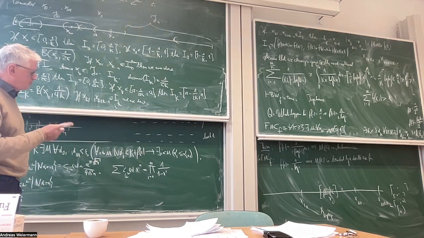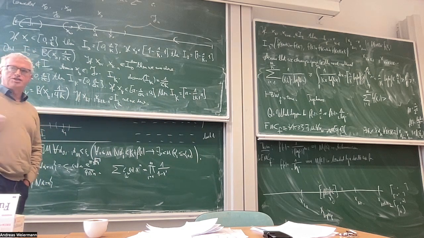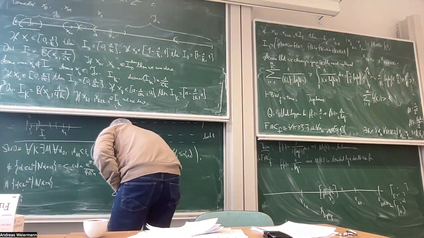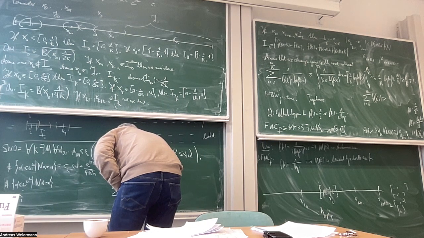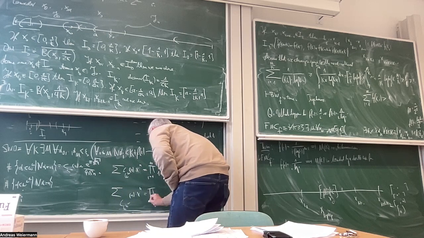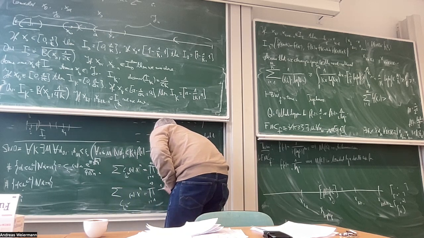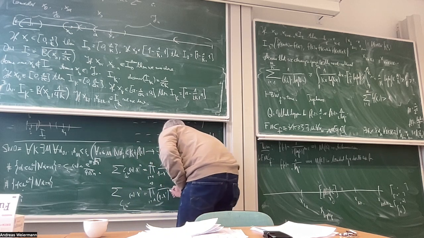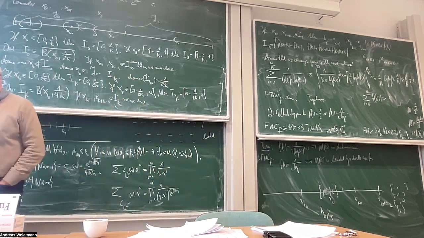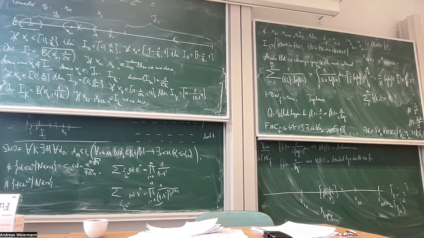Now, you have to know a bit about these generating functions. Here we have C omega to the omega i plus 1, so you get some sort of power series.